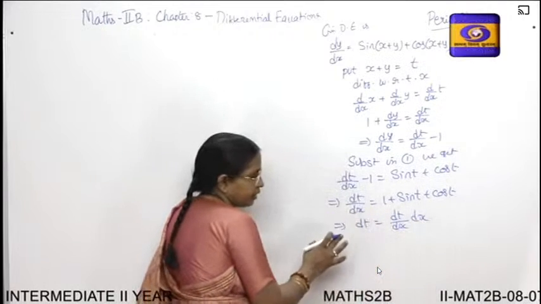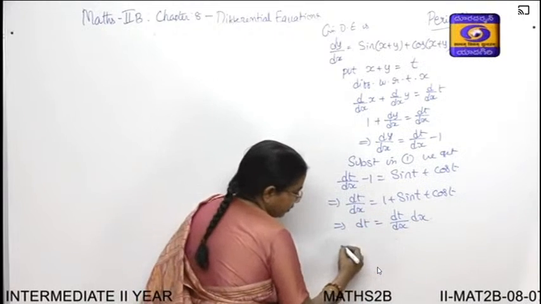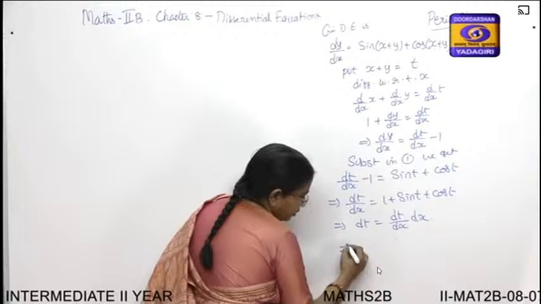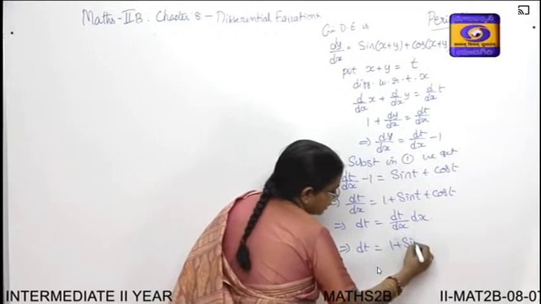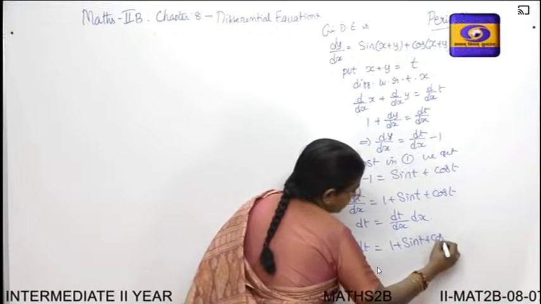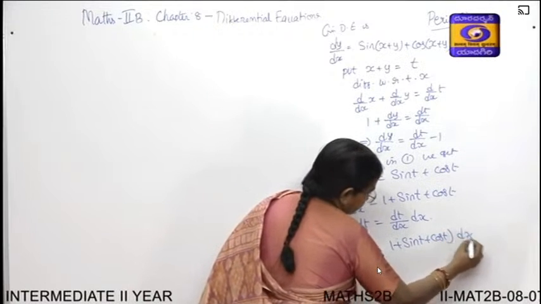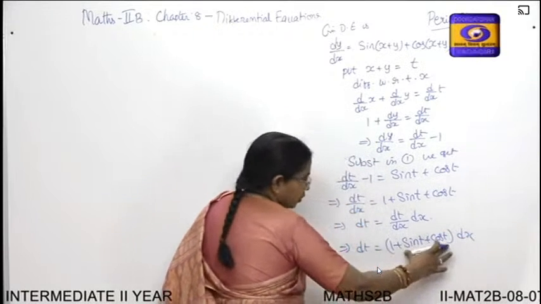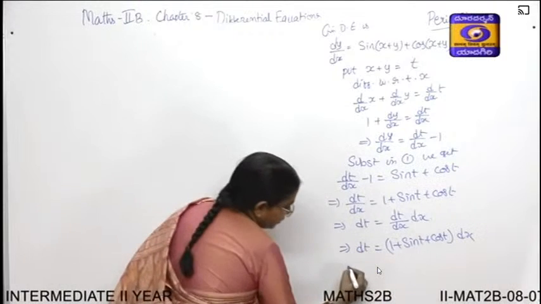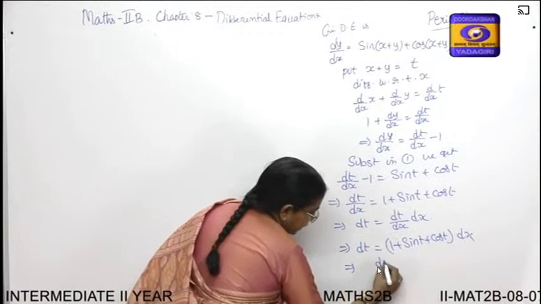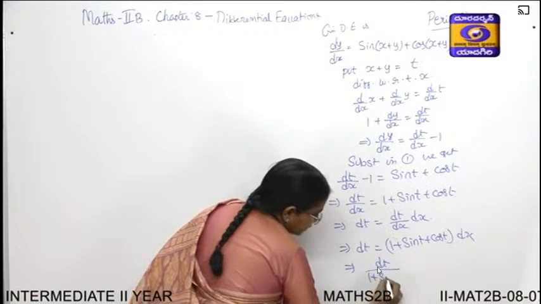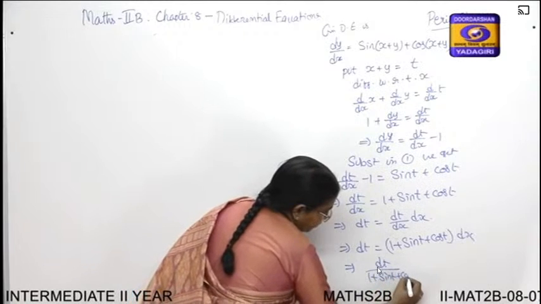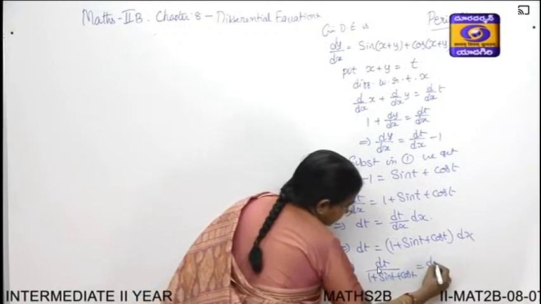Instead of y you have a t here, so use the same form. So dt is equal to 1 plus sin t plus cos t into dx. So this whole thing should come down here, so dt by 1 plus sin t plus cos t is equal to dx.